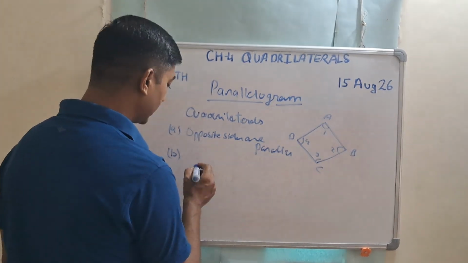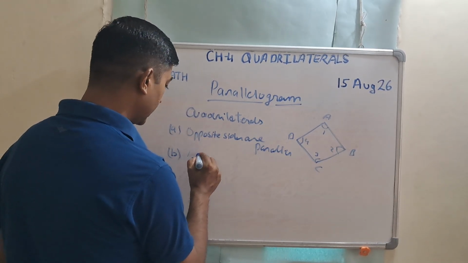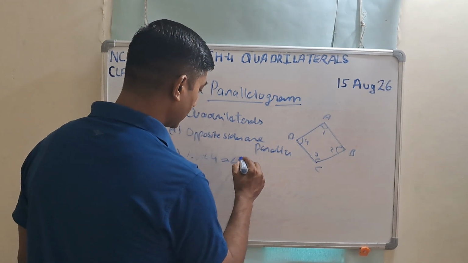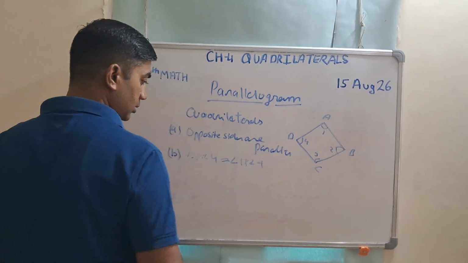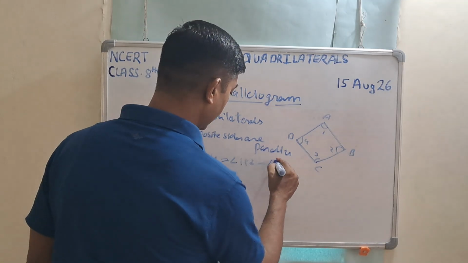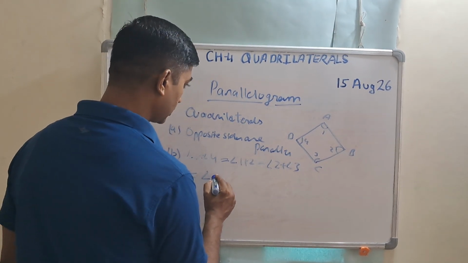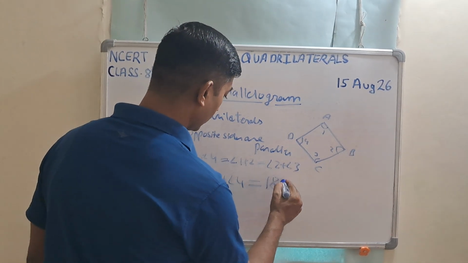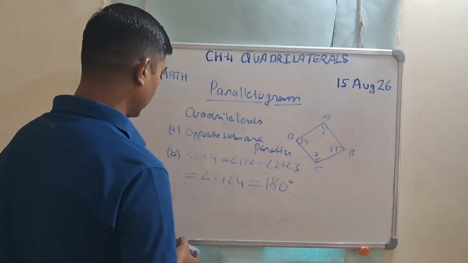Means any adjacent angles you can take: angle 1 plus angle 4 is equal to angle 1 plus angle 2 is equal to angle 2 plus angle 3 is equal to angle 3 plus angle 4. That is, the sum is always 180 degrees. Understood? That we have studied about the parallelogram.